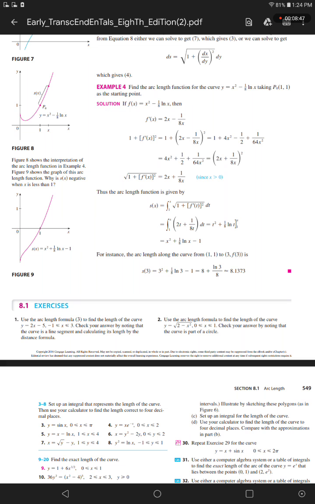The square root of 1 + [f'(x)]² = 2x + 1/(8x).